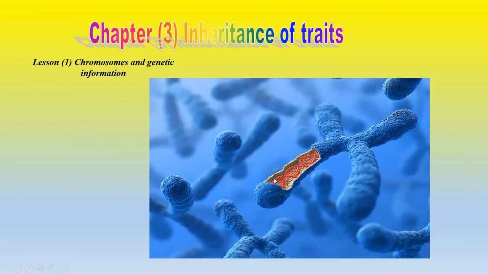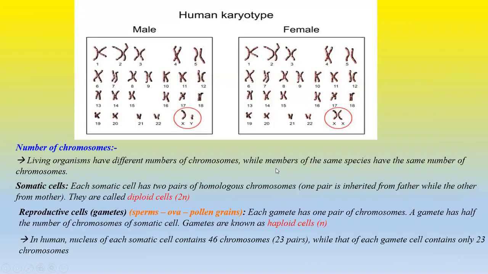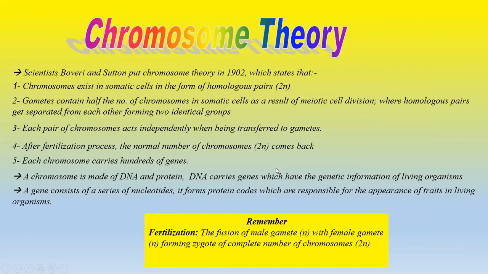The other gene 4 5 6 responsible for another character and so on. الجينز دي بتعمل responsible for the appearance of certain protein، بيعملوا لي بروتين معين اللي بيه أعرف التريت اللي عندي إيه. Okay, so again الجين consists of a series of nucleotides. It forms protein codes ليها codes معينة which are responsible for the appearance of traits in living organisms.